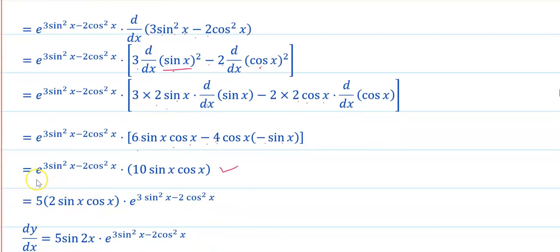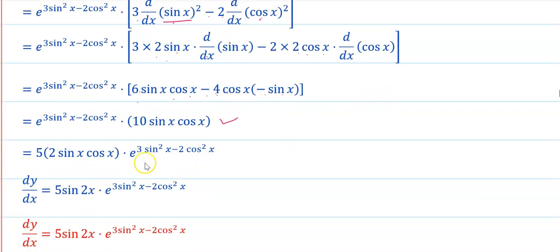And hence here e raised to 3 sin square x minus 2 cos square x into 10 sin x into cos x. Now again this 10 sin x into cos x can be written as, तो कसा लिहिणार 5 into 2 sin x into cos x, e raised to 3 sin square x minus 2 cos square x, keep it as it is.